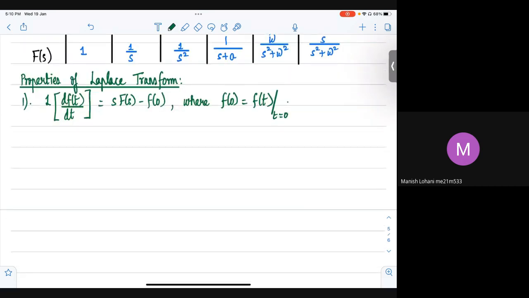So we are essentially dealing with the transform of the first derivative of a function.